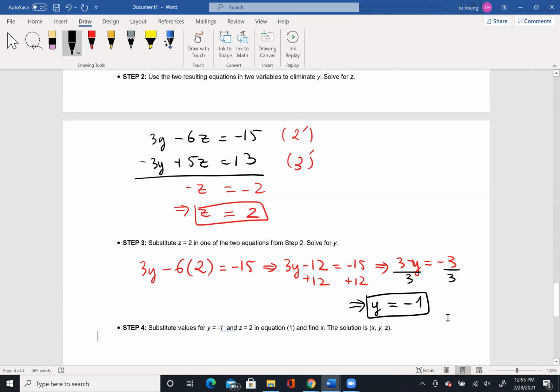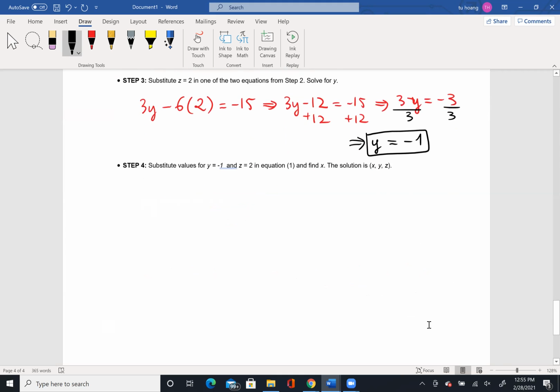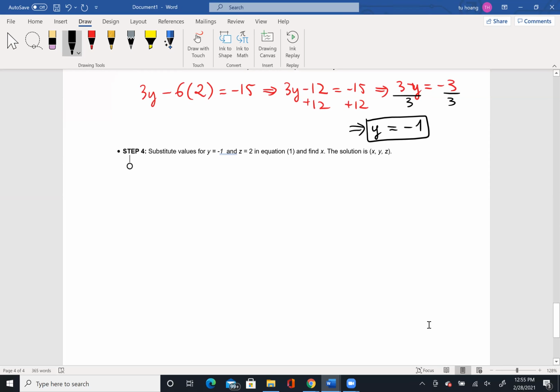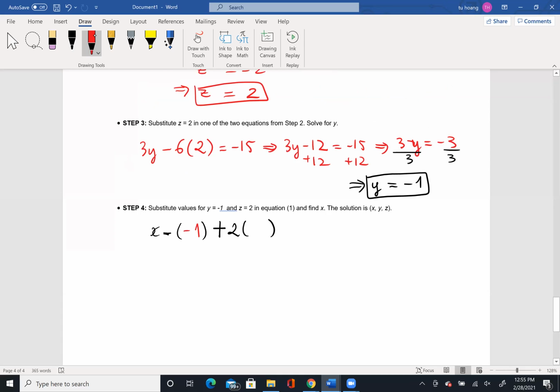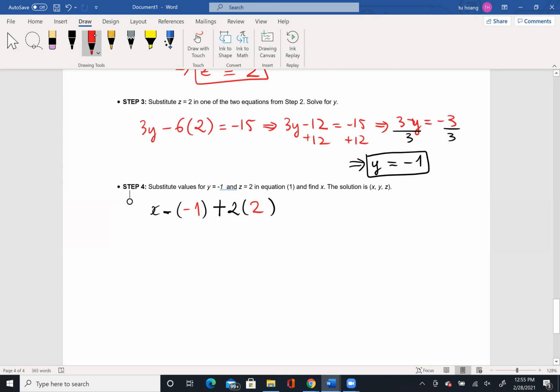So let's use the first equation, which was x minus y. So y in here is negative 1, right? And plus 2 times z. What is z in here? z equal to 2, right?